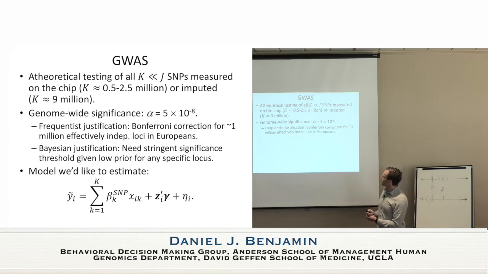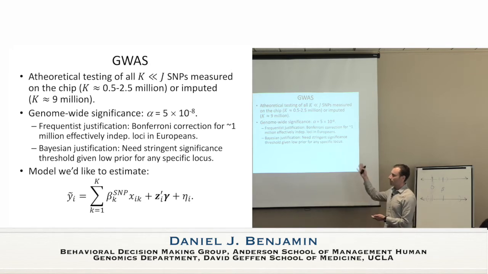OK, so that's the frequentist justification. The Bayesian justification, which we talked about yesterday, was that you need the stringent significance threshold given that you have a low prior for any particular locus, and the prior is coming from the number of effectively independent tests, the fact that you don't really know where in the genome the effect is, and that there's this number of effective loci.